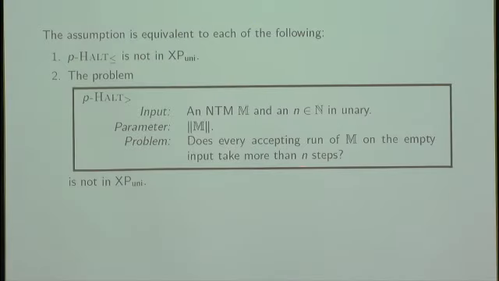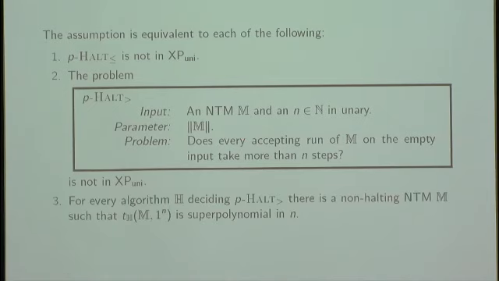We know this problem is not in XP if and only if TAUT has no almost optimal algorithm. And it's also a very easy exercise to see that this is equivalent to saying that for every algorithm H deciding this problem, there is a non-halting machine M so that the running time of your algorithm on the instance M, 1^n is superpolynomial in n.